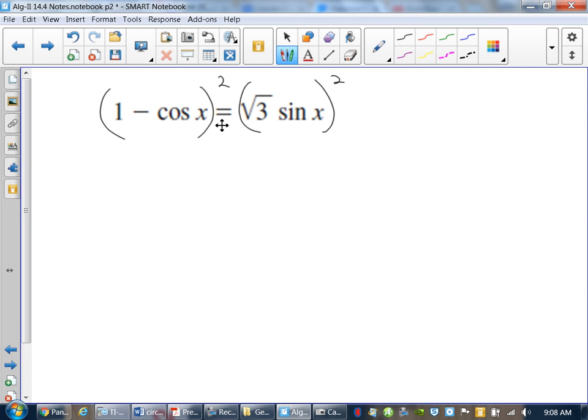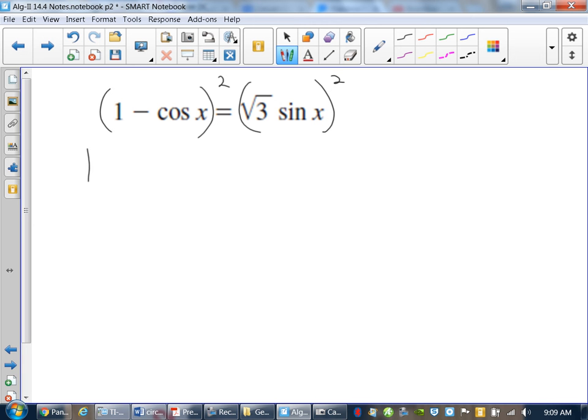On the left-hand side, you have to FOIL it out. It's 1 minus cosine, so you'd have 1 minus cosine times 1 minus cosine and FOIL it. On the right side, it's just root 3 times the sine, so you just use the power of exponents to square it. So you get 3 sine squared. Is that okay? FOIL this out.